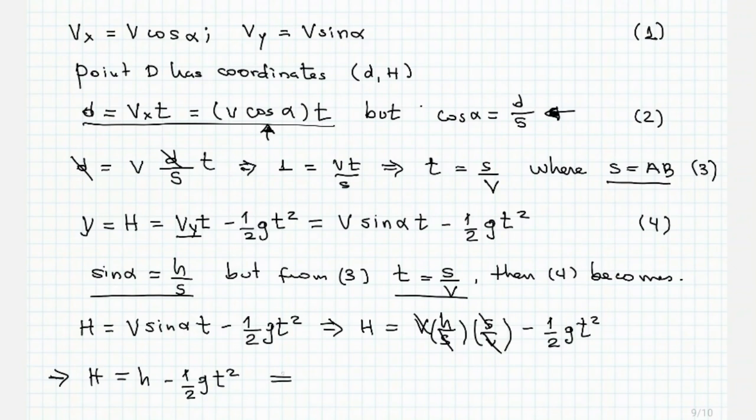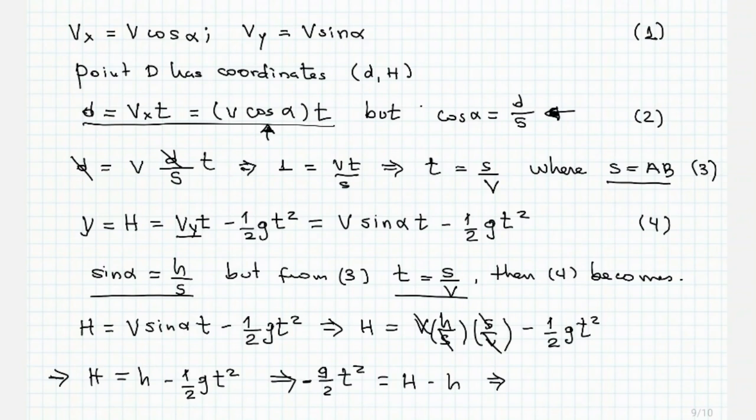Then I will have 1/2 of the gravity times square is h minus H. So what I do here is I invert the signs of each side of the equation, this is negative and this will turn positive.